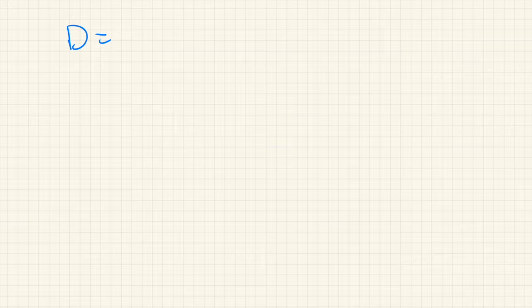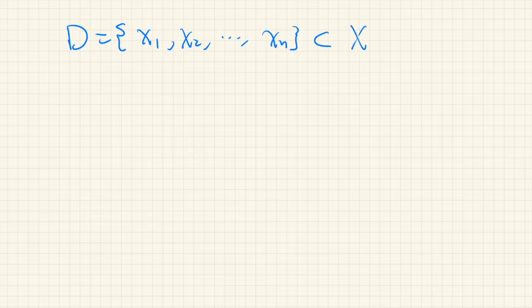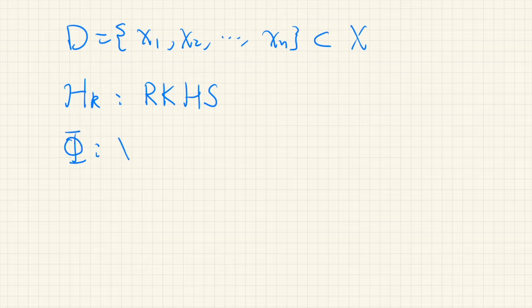Now let's prove the following theorem, which says the classification of a given dataset is always possible under a certain condition. Let D be a dataset consisting of x1, x2, up to xn, which is a subset of some set X. And let Hk be a reproducing kernel Hilbert space, and let phi be a map from X to Hk.